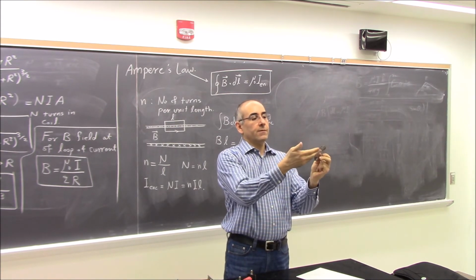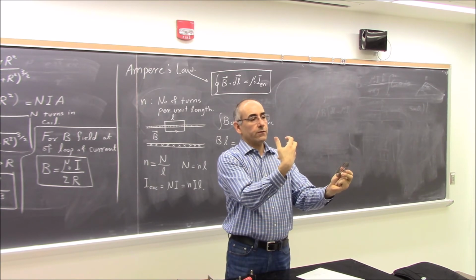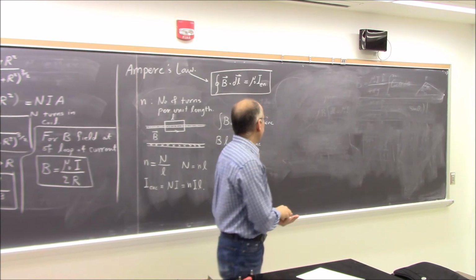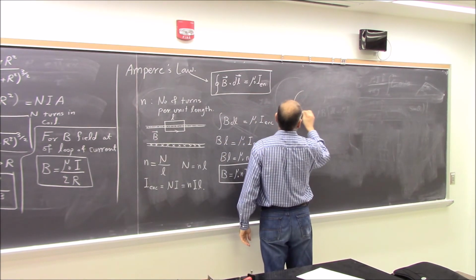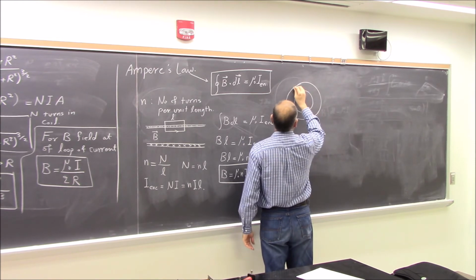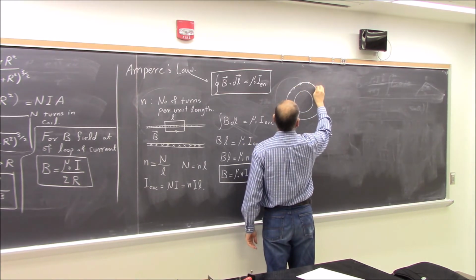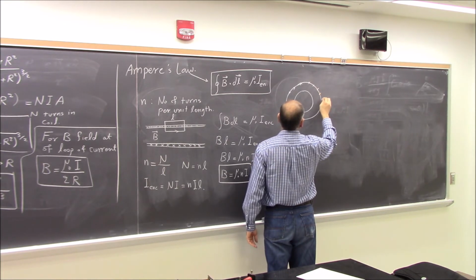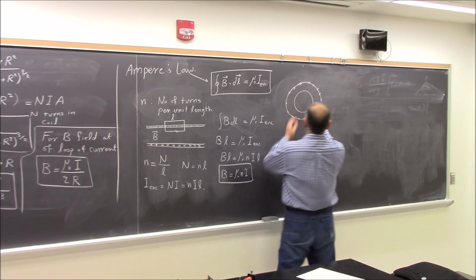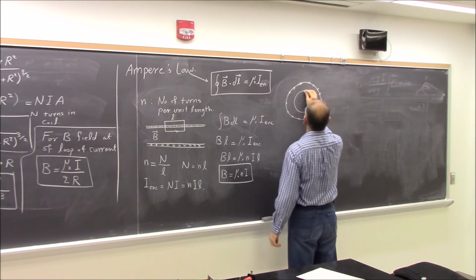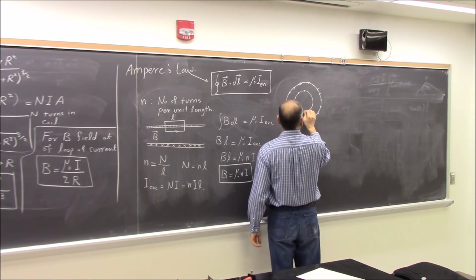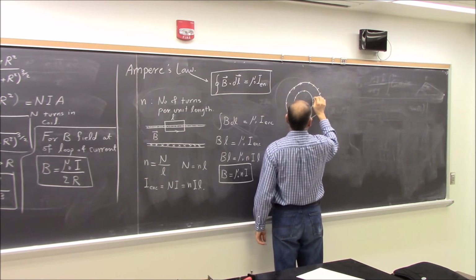You see some wires going out of the plane, some wires going around and into the plane. So there's an inner circle and an outer circle, and it has N total turns in the toroid. All of these wires are going out of the page. Let's put dots on them so that the current is going out. And there are N of them.